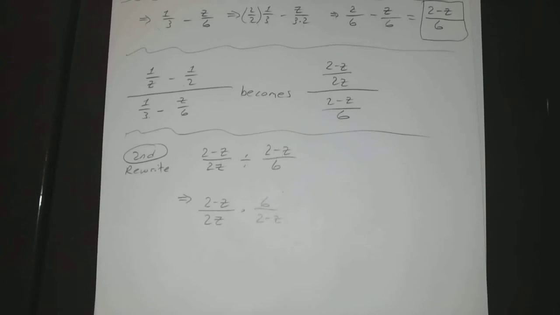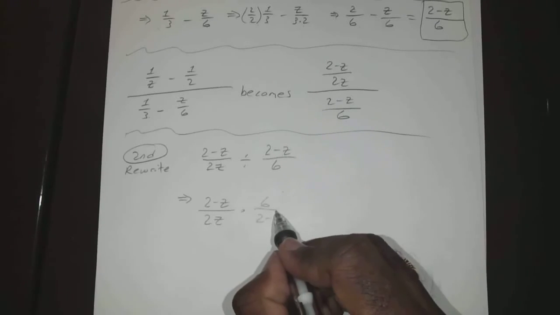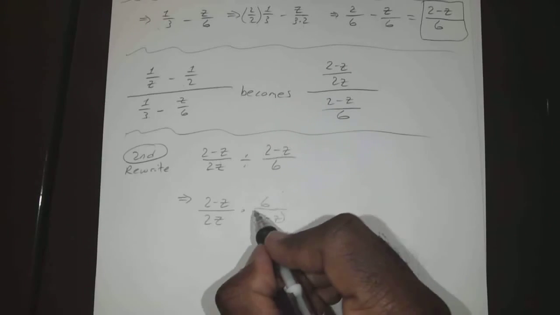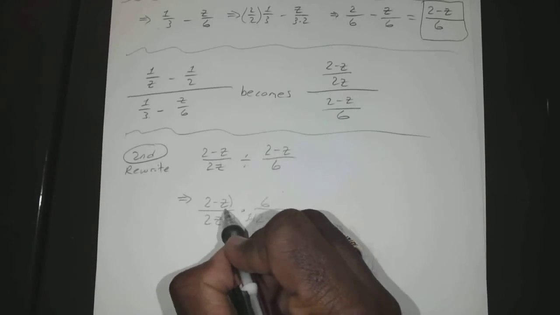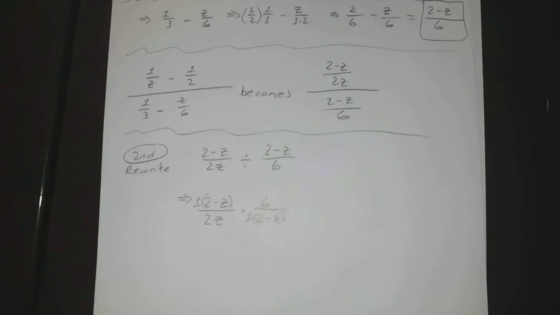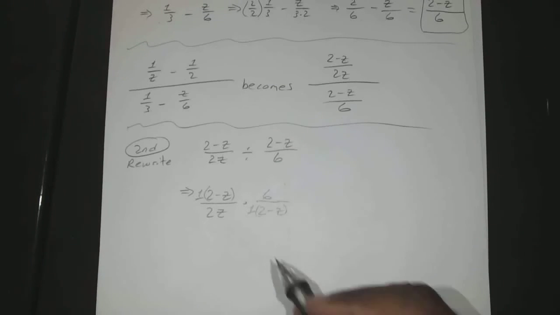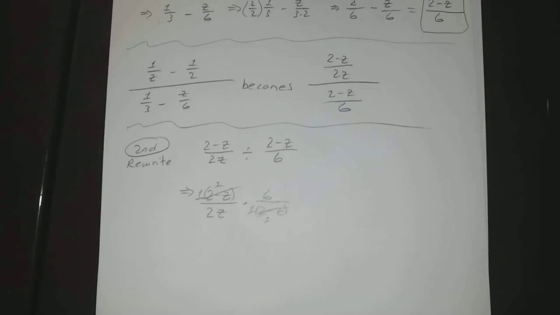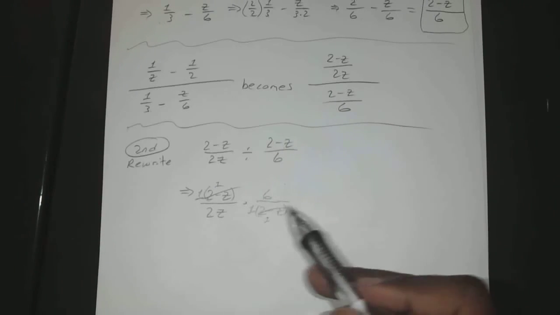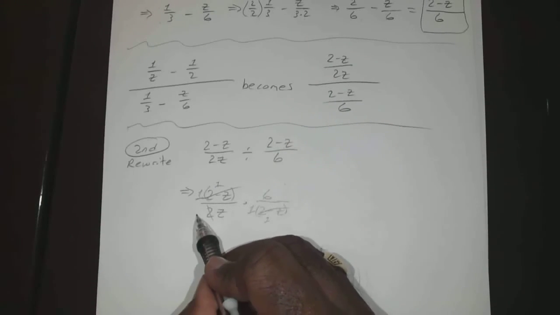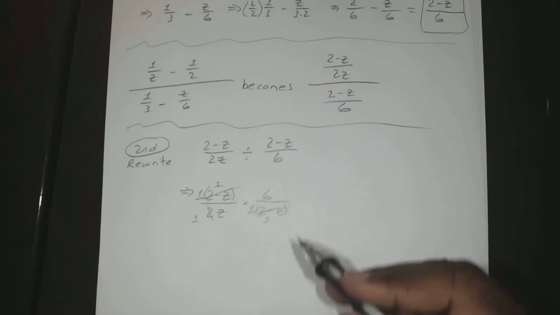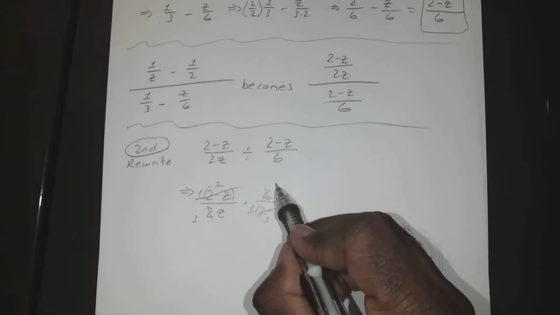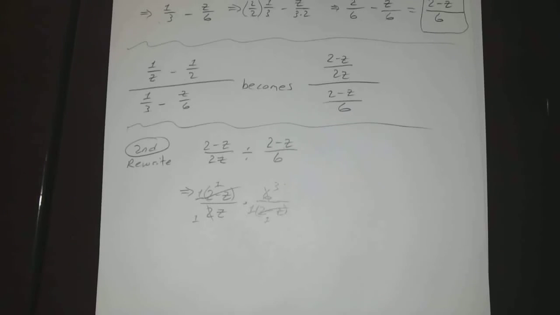Like I said, you can multiply it across and then cancel if you want to, or you can just cancel it here. So 2 minus z, you can kind of think of that as 1 times 2 minus z. So these two would actually cancel each other out. And you can cancel out 6 and 2. 2 goes into 2 one time. 2 goes into 6 3 times.